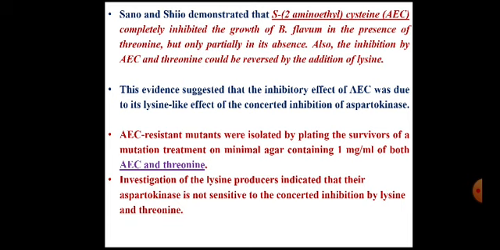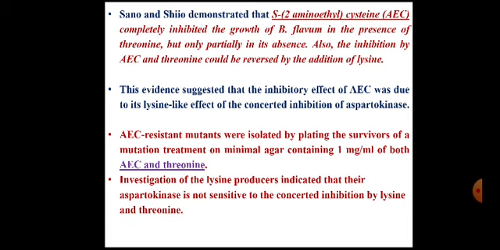That means the organism is modified, and its aspartokinase is modified so that it is no more sensitive to AEC, and no more sensitive to lysine. If there is no sensitivity, there will be overproduction of lysine.